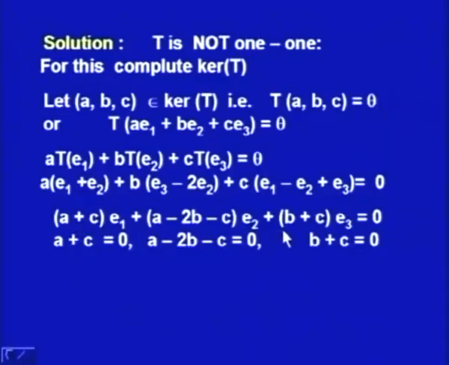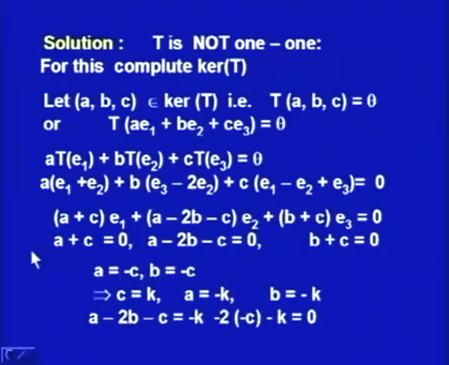So we will have this expression equal to 0, and that means A plus C is equal to 0, A minus 2B minus C equal to 0 and B plus C equal to 0. So the three components are going to be 0. So we have three equations in three unknowns A, B, C.